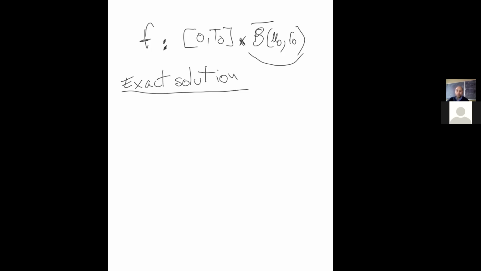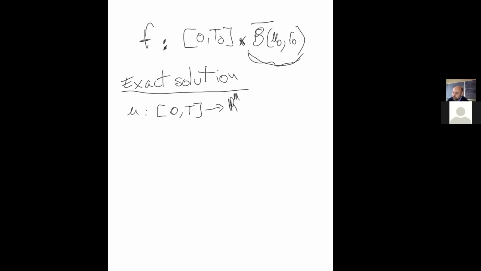So assume that we can define the solution u, the exact solution, on an interval 0t. So this belongs to R to the M. I want to prove that if t is sufficiently small, then u remains in this ball here.